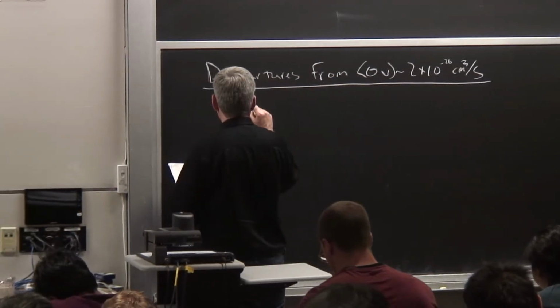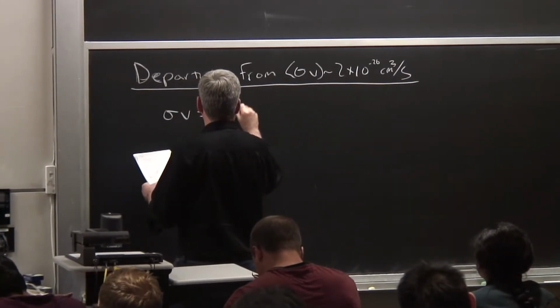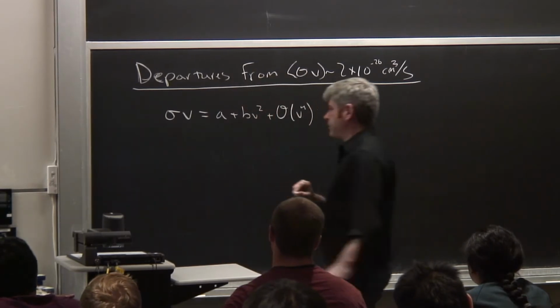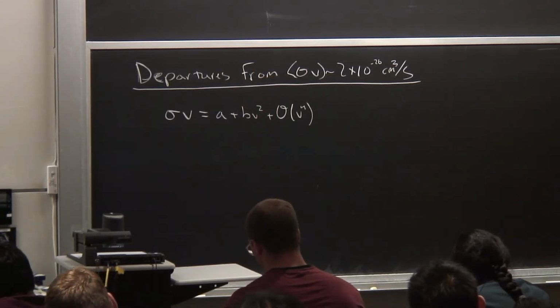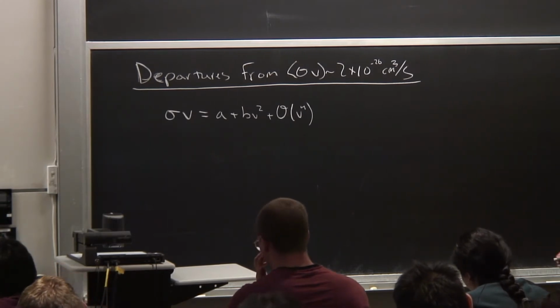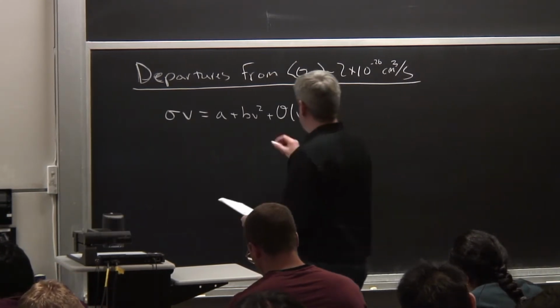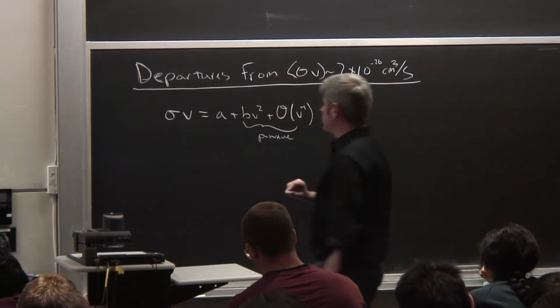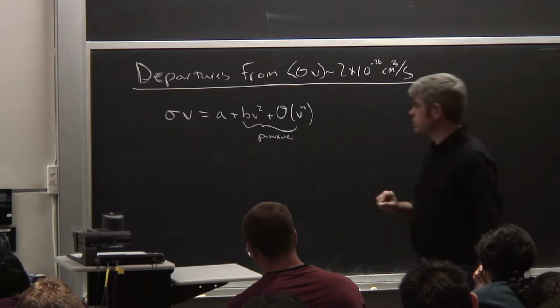So generically, we can write down whatever this cross-section is as a Taylor expansion in powers of v squared. P-wave amplitudes contribute to the v squared and higher order terms.